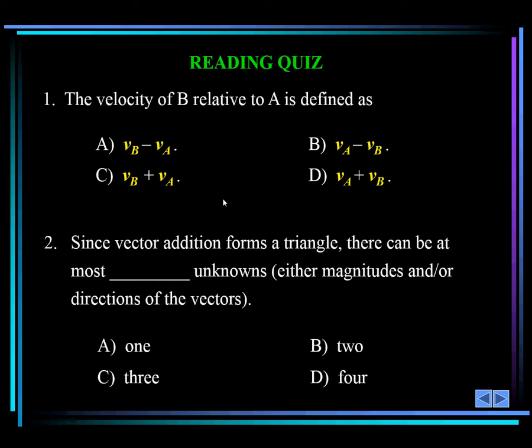On a triangle, we have to have either two magnitudes and a direction or so, to then find the magnitude of another vector. So what do you think? There can be at the most two unknown magnitudes and or directions of the vectors.